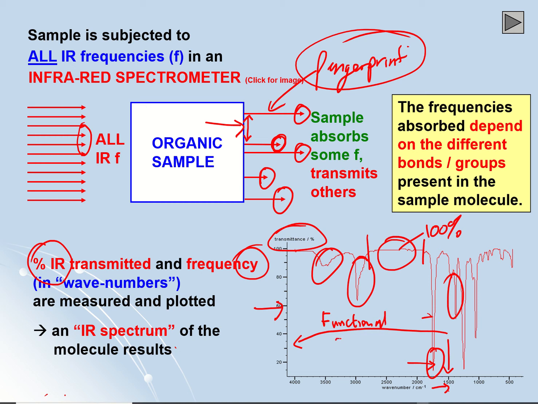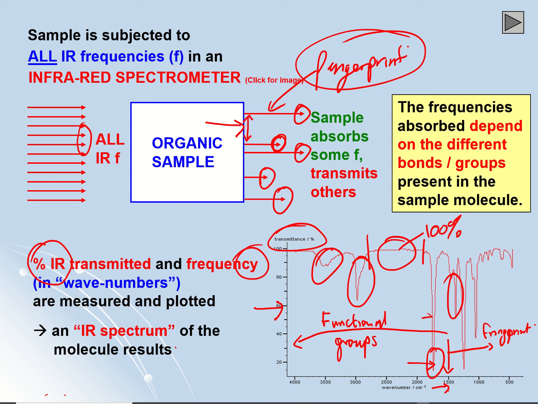I'm not going to go into really why that is. From 1500 up, this is called the fingerprint region, which allows us to identify the structure of a molecule beyond the functional group.